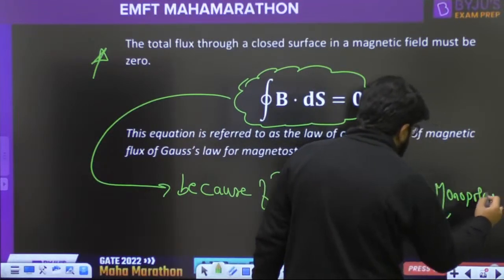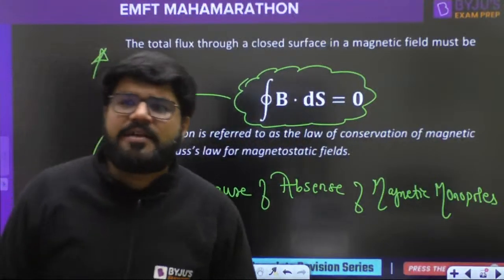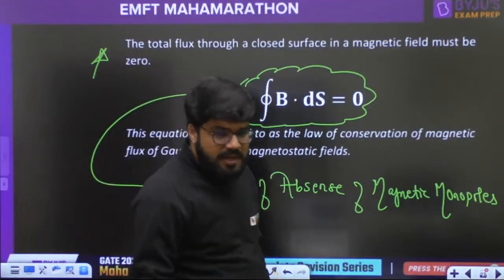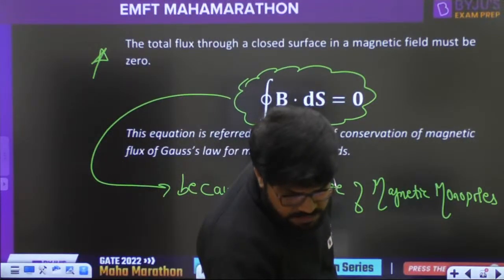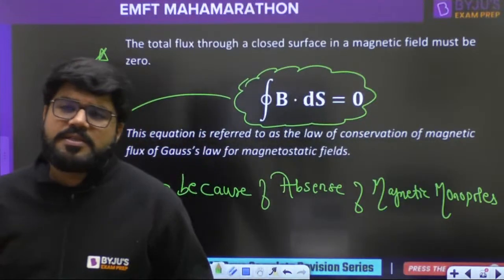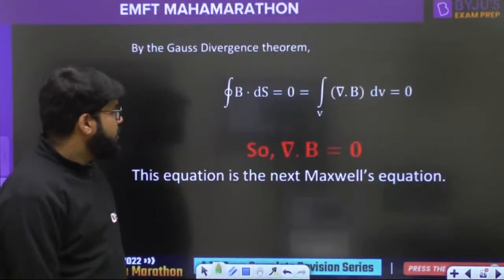There is no magnetic monopole. A magnet will always have a dipole, that is, a north pole and a south pole, and till now it is practically impossible to separate the north pole and the south pole.